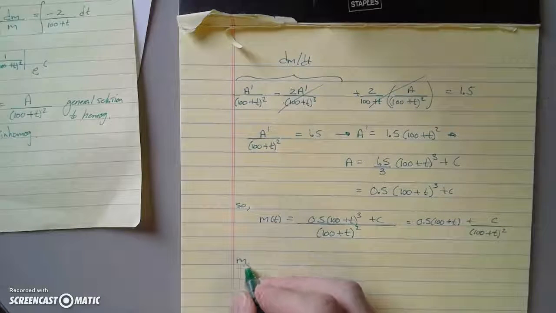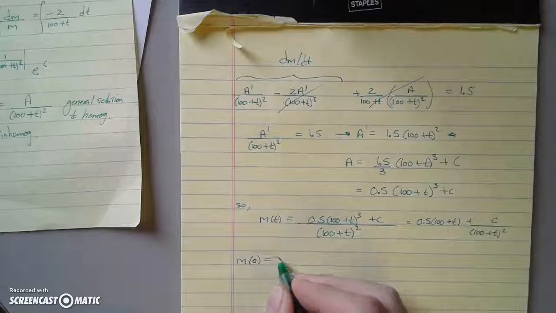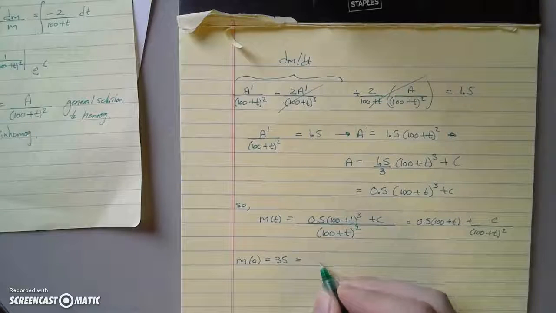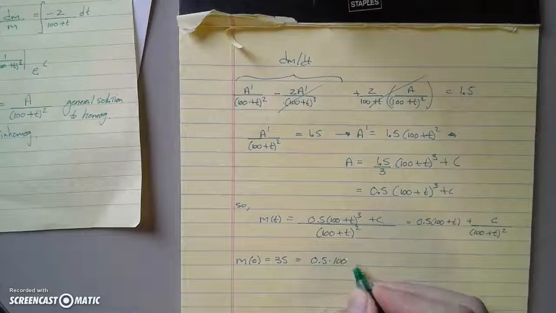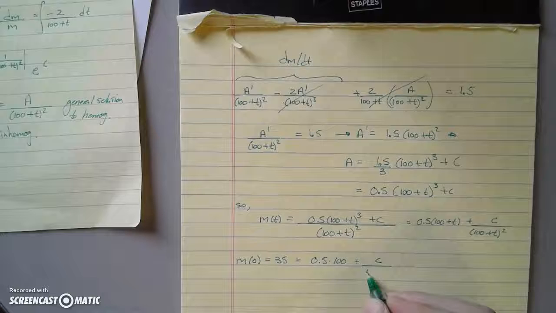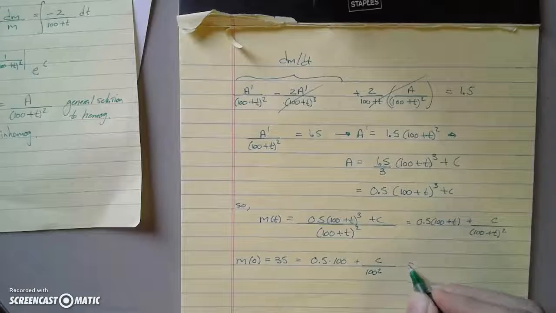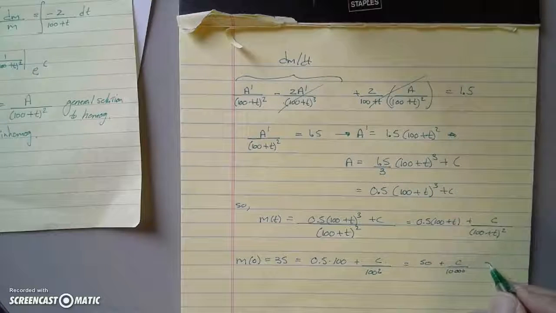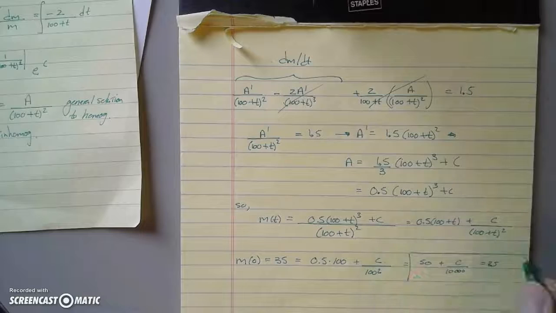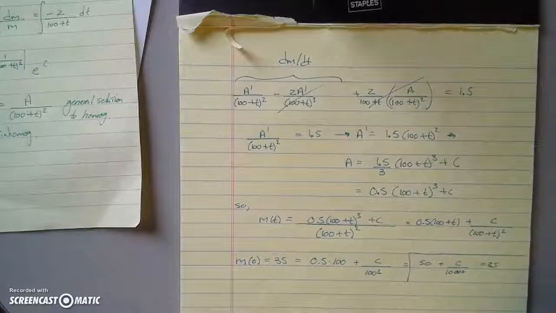Okay, let's use our initial condition. Initially, we have 35 grams. So that's going to be 0.5 times 100 plus c over 100 squared. So that's 50 plus c over 10,000, which equals 35. This is the equation we want to solve.